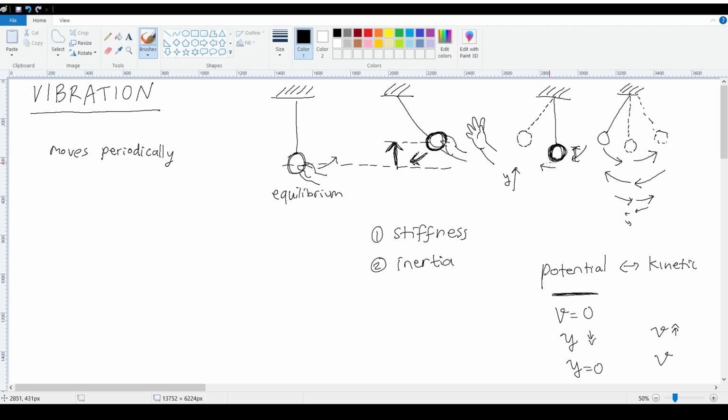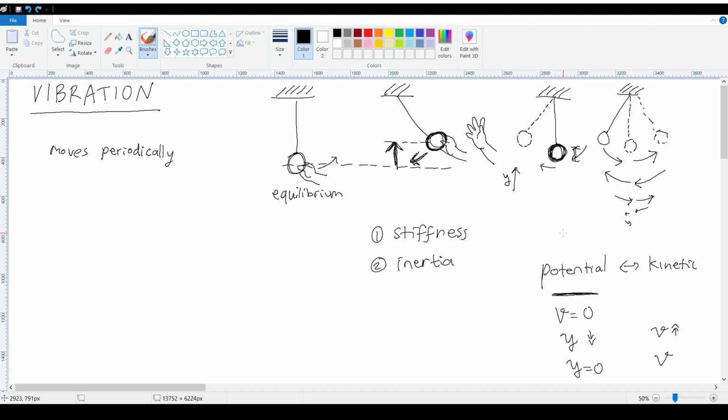So in this position, the kinetic energy is maximum, but the potential energy is zero, and it goes on. So along the vibration, there will always be a change in potential and kinetic energy.